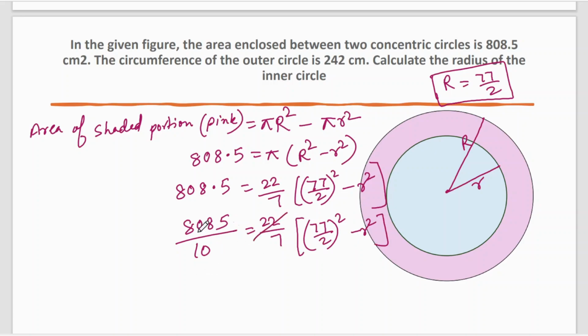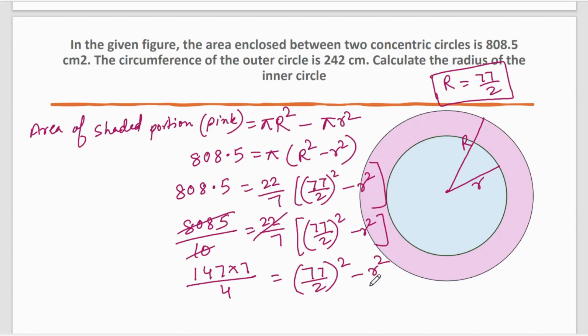Okay, just cancel out and you will get the whole everything as this also. Then you will cancel out, you will get 147 into 7 by 4 equal to, after calculation, and now you will be left with 77 by 2 whole square minus r square.